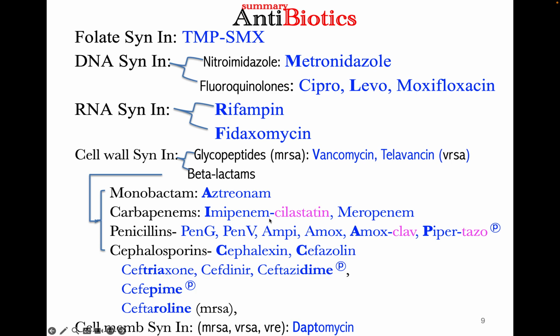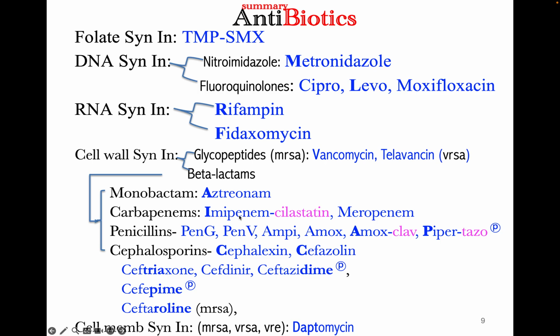Imipenem is easily eliminated in the urine, and it can also deposit in the nephron and cause nephrotoxicity. This can be prevented by adding another compound called cilastatin. Keep in mind why I put it in a different color. Cilastatin cannot kill bacteria. It is not an antibacterial antibiotic. Independently it cannot be used.